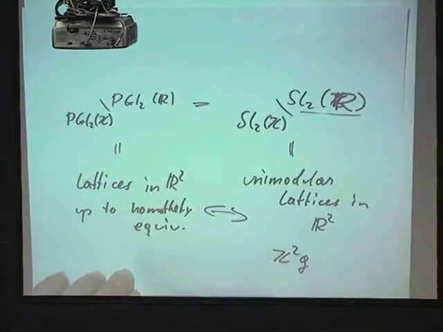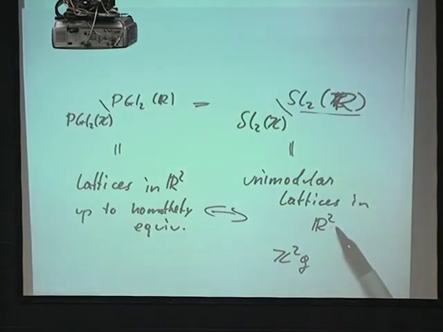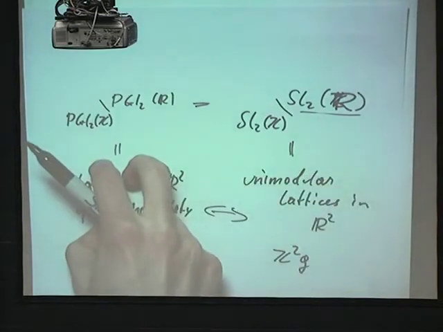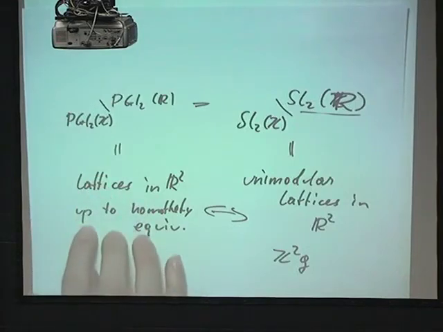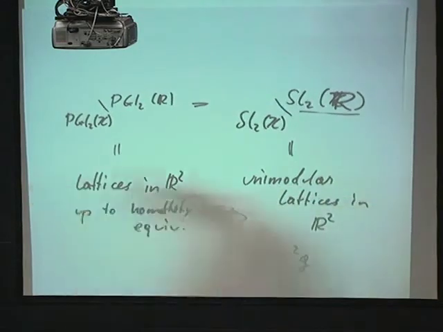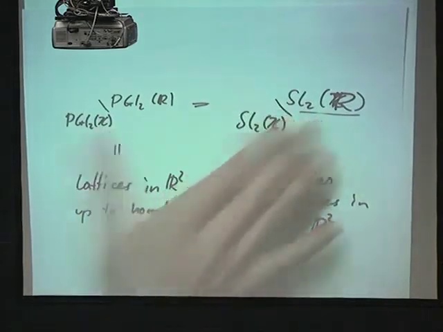These two spaces are the same because when you have a co-volume 1 lattice, you can scale it to a different co-volume, but you can't change it and still have co-volume 1. So no two things here become equivalent in here unless they were already the same thing. And every lattice in R2 you can scale in such a way so that its co-volume is equal to 1. So the natural map from here to here is onto. So these two things are the same thing.